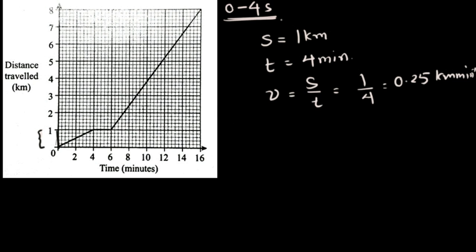The number that you are looking at over here, the 0.25 kilometer per minute, is the speed of the object during this period from 0 to 4. Now it reaches 1 kilometer, and somehow it remains stationary for around 2 minutes before it starts moving again.